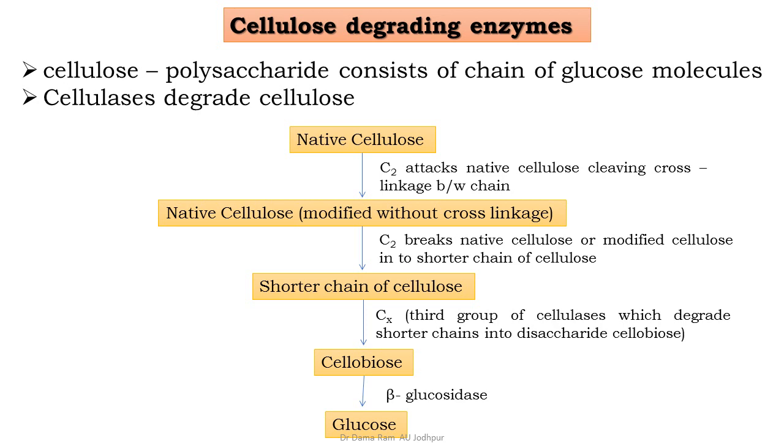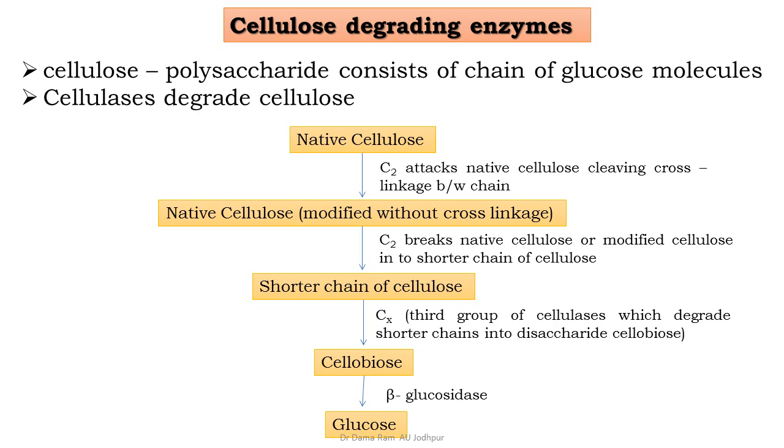About 20% is in the meristematic parts, the young growing parts, which contain lower cellulose content.